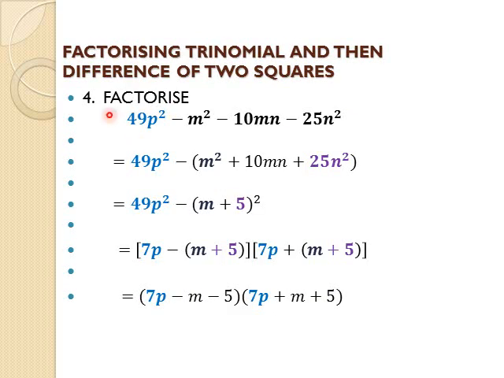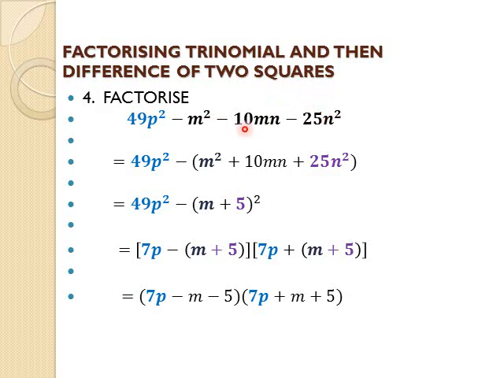Again, the same problem as previously, but you see now I've swapped them around. So I have 49p squared minus m squared, which can be factorized as a difference of two squares, but then I have minus 10m minus 25n squared. So if I look at that middle term, it has the letters m and n. So in front of it there's an m, at the end of it there's an n squared.